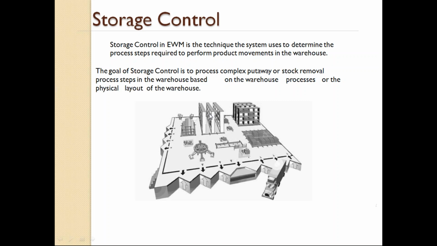So based on the layout of a warehouse and based on the processes that you have in inbound or outbound, you define your storage control so that when you are doing your inbound, all the constraints you have, the processes that have to be carried out, or the layout restrictions, get considered. Your processes may also depend on your type of product.